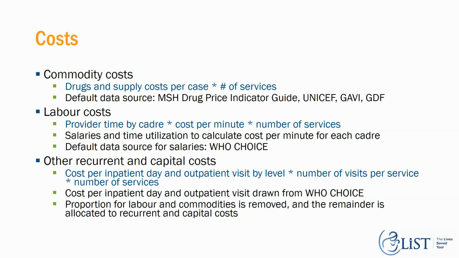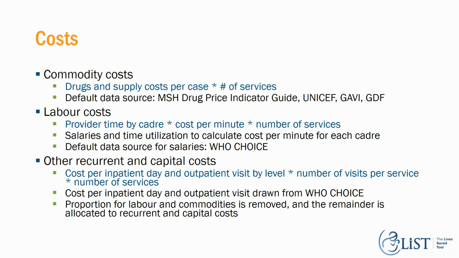And then in terms of other recurrent and capital costs, we have the cost of inpatient day and outpatient day by level, multiplied by the number of visits per service, multiplied by the number of services. So that's in order to cost out the cost per inpatient day and outpatient visit. And that cost is drawn from WHO Choice.